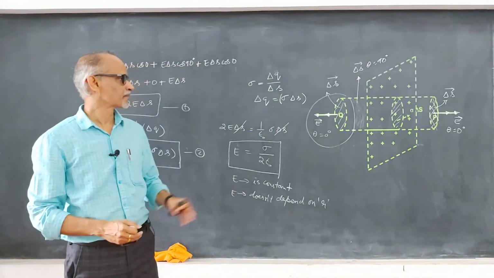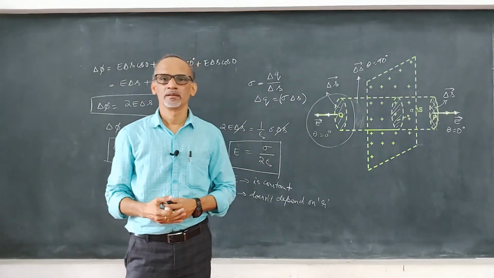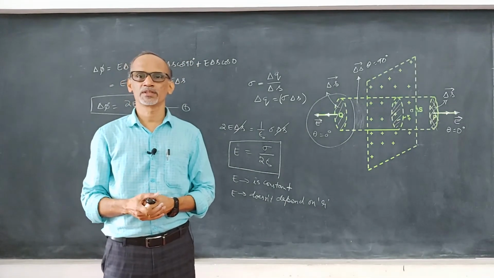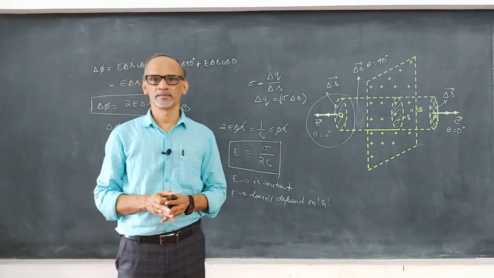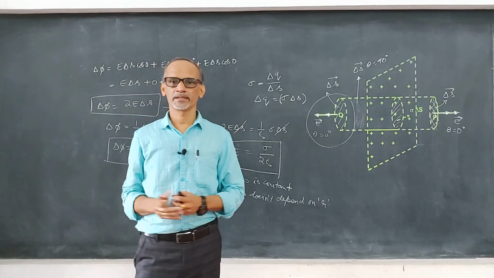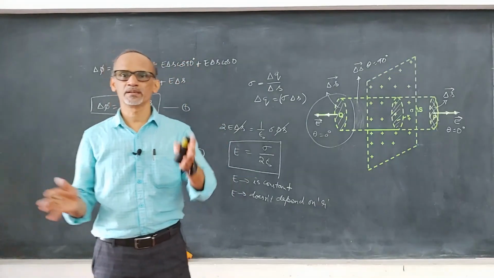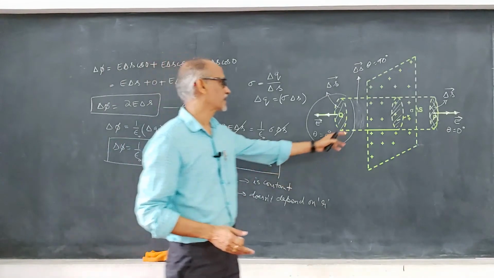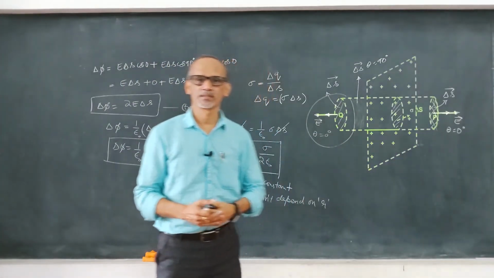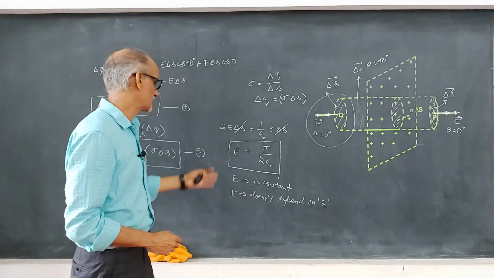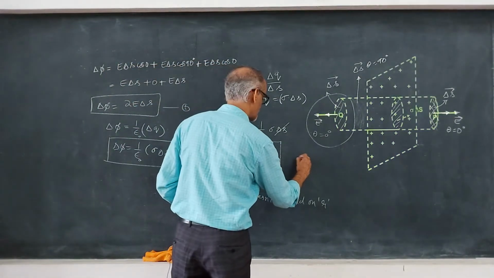So using an infinitely long, uniformly charged thin sheet, we can produce a uniform electric field on either side perpendicular to the sheet, and it is directed outward if the charges are positive, and inward if the charges are negative.